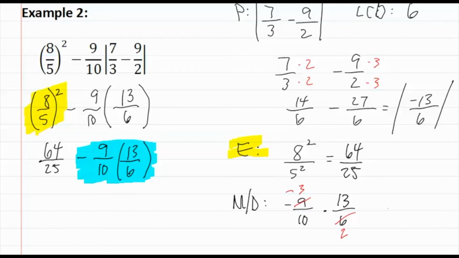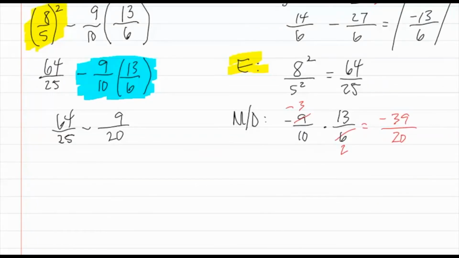Remember, the negative did not get crossed out. This gives us -39/20. Let's put this back in the problem. Now we have completed the multiply and divide step. So we can move on to add and subtract.